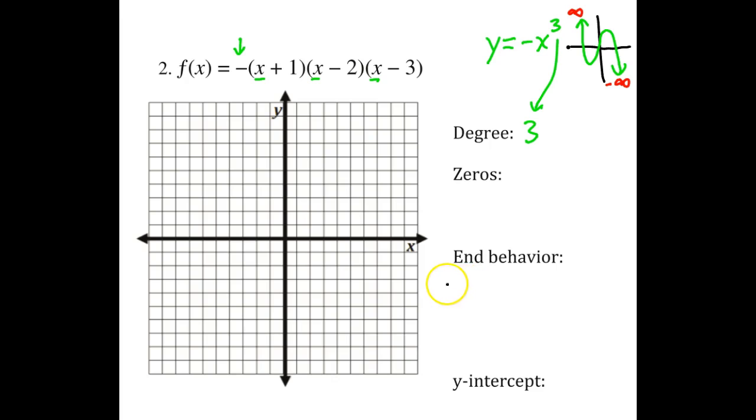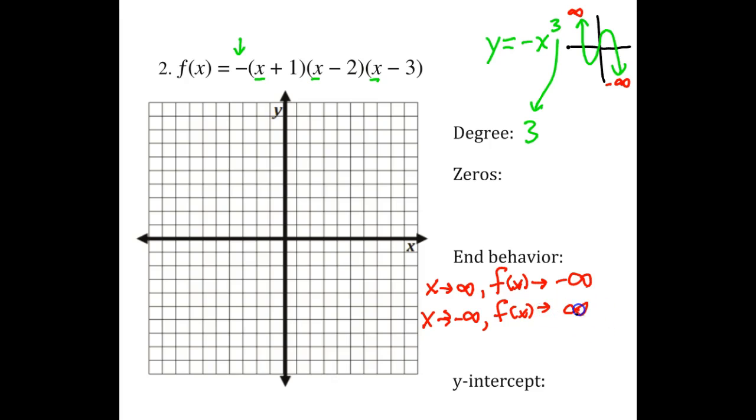Okay? The right-hand side, see, as x approaches infinity, f of x approaches, on the right-hand side, negative infinity. Notice how the top line I write is always talking about the right-hand side of the graph, and the bottom line is talking about the other side, the left-hand side.